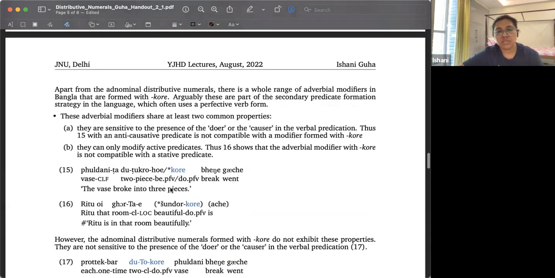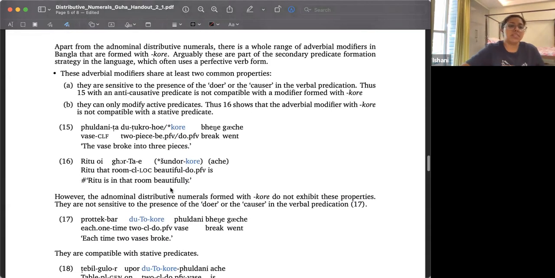So what puzzles me about reduplication, this is a fact that I do not have here because I've not made anything out of it, is that reduplication also can be used to form secondary predicates. For example, to form depictives. So for example, I drank the tea hot. I will say আমি চাটা গরম গরম খেয়েছি. So this গরম গরম is a depictive, a secondary predicate. So it's not really the case that reduplication cannot work on predication.